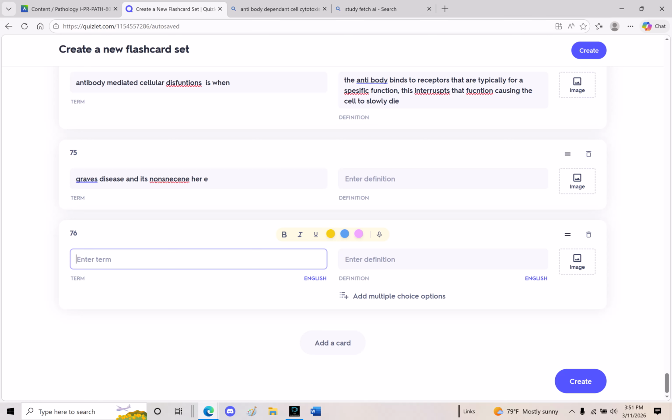On the opposite side of that, you have something like myasthenia gravis or pernicious anemia. These are the three conditions he talks about regarding this type 2 hypersensitivity. Myasthenia gravis has to do with acetylcholine receptors.